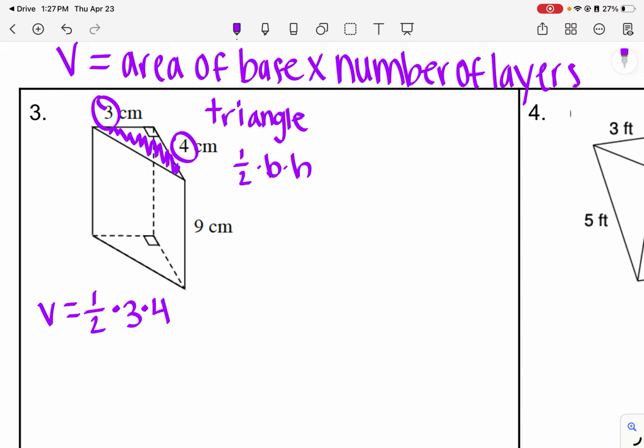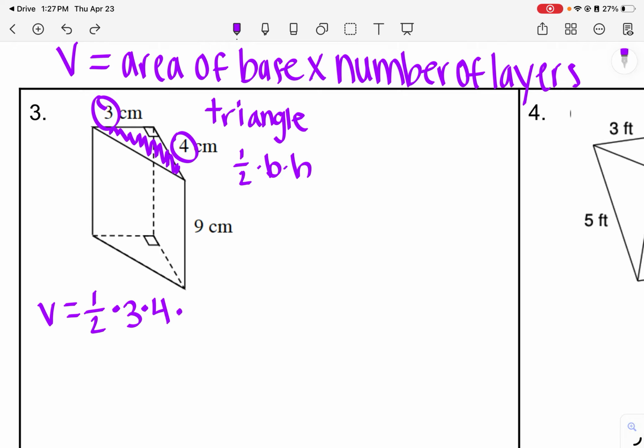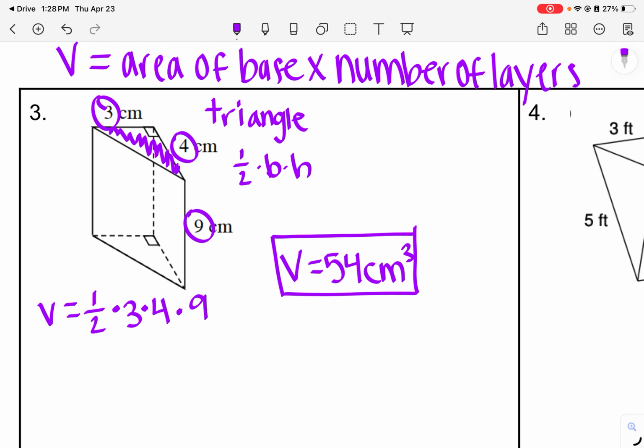So we have 1/2, 3 times 4 is the area of the base, and times the number of layers. So how many layers of triangles do I have to do to get from the top to the bottom in this case? I have 9 layers, so times 9. When I put all that into my calculator, I get the volume equals 54 centimeters cubed. It's cubed because we're 3-dimensional, 3D, so we are cubing it.